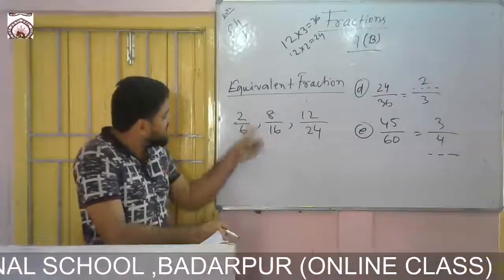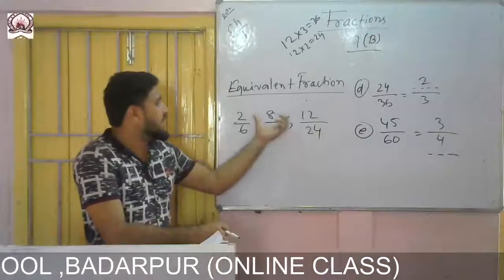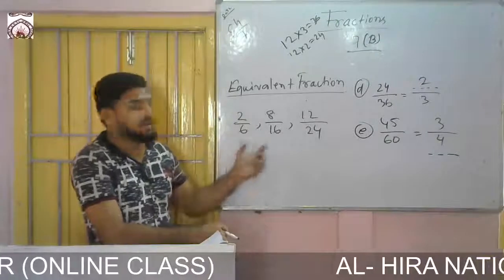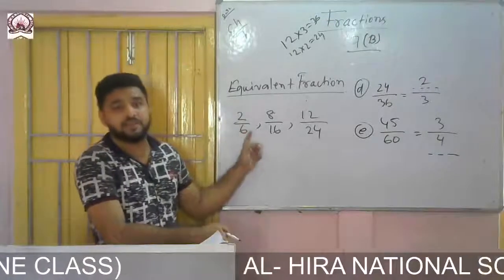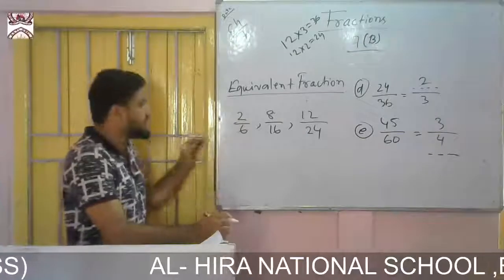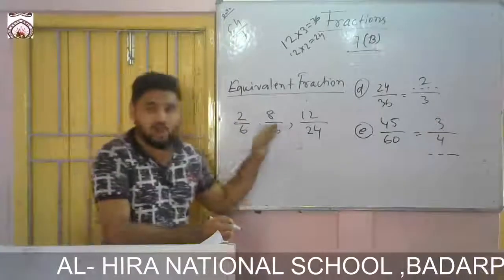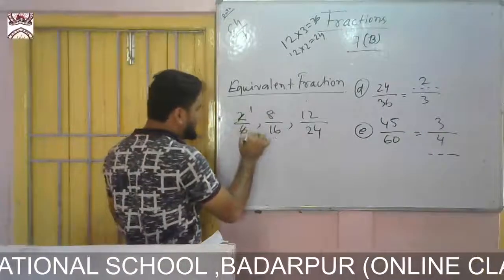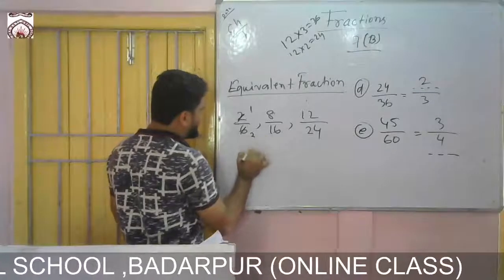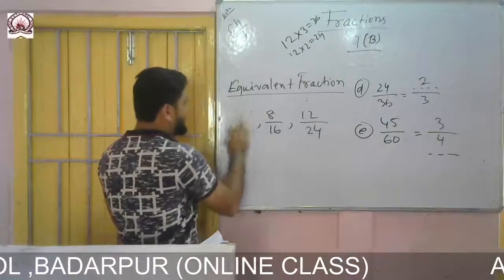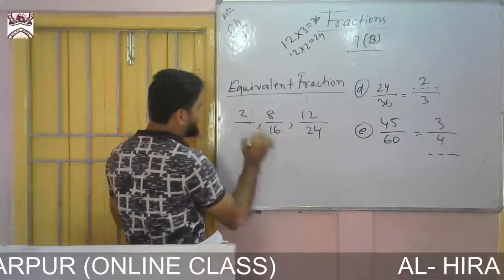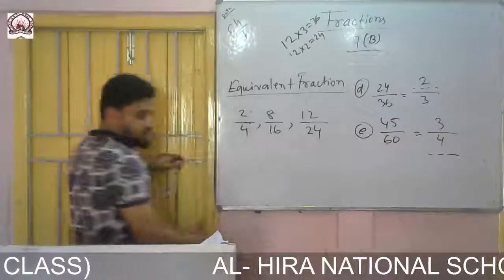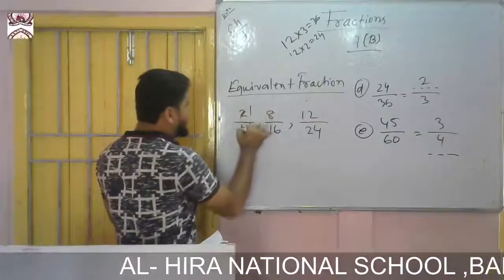You see, the denominators are not the same and the numerators are not the same, but these fractions are equal. These fractions are equivalent to each other. How do you see? If you cancel them to the lowest term, then they give the same result. 2 ones are 2, 2 twos are 4.